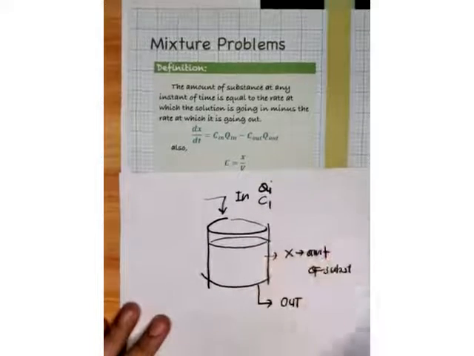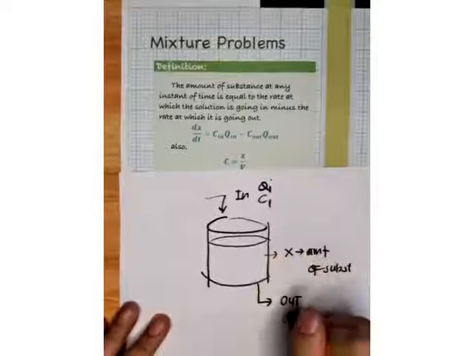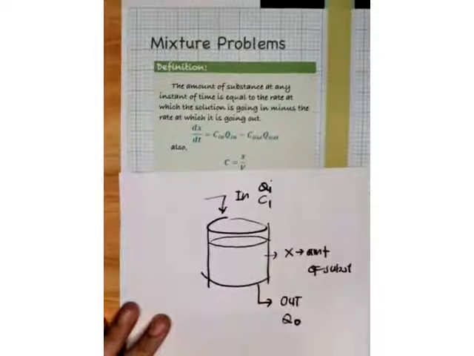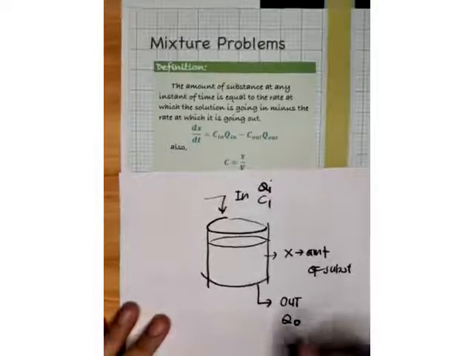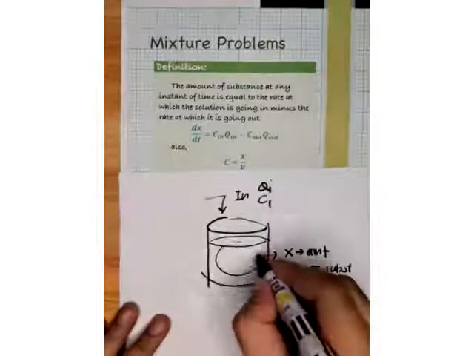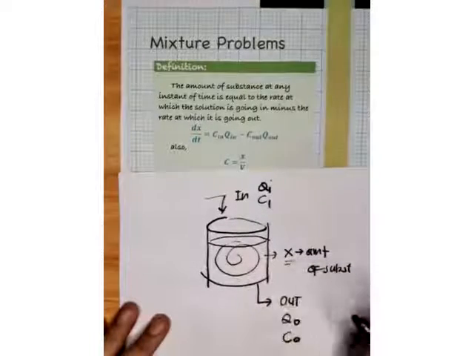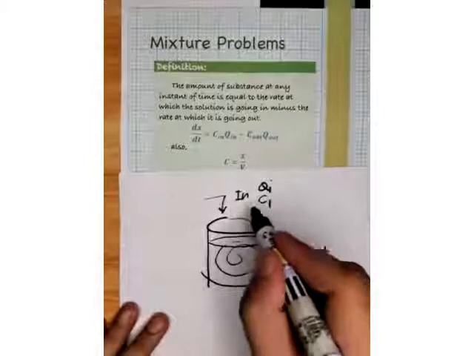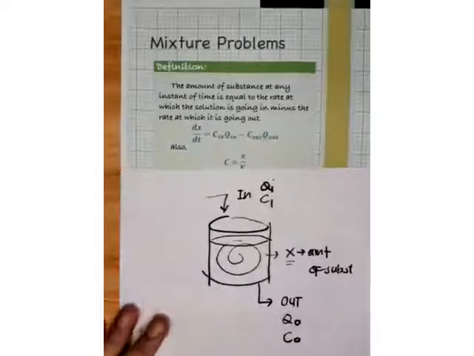Sa out naman natin, we also have the rate at which the solution leaves the tank, at meron din naman siyang concentration. Ito is continuously being mixed, nagbabago yung concentration niya kasi merong pumapasok at merong lumalabas.